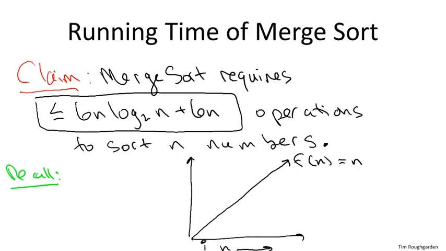Okay, and let's contrast this with the logarithm. So what is the logarithm? Well, for our purposes, we can just think of the logarithm as follows. The log base 2 of n is: you type the number n into your calculator, then you hit divide by 2, and you keep repeating dividing by 2. And you count how many times you divide by 2 until you get a number that drops below 1.